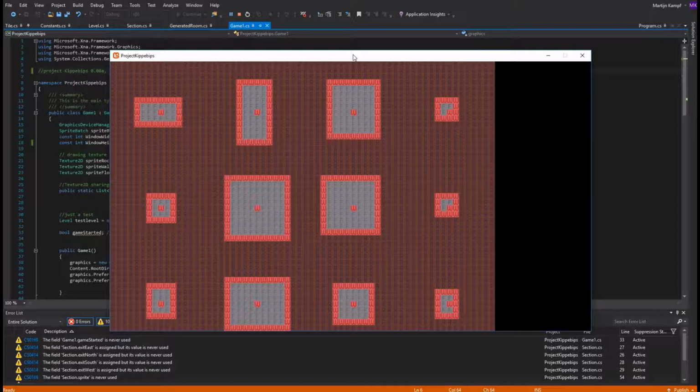Basically, if we were to make a character to walk around in one of these rooms, he'd have a very hard time moving through the W and R areas because he can't. Basically, they are set as inaccessible, while the floor area is accessible.